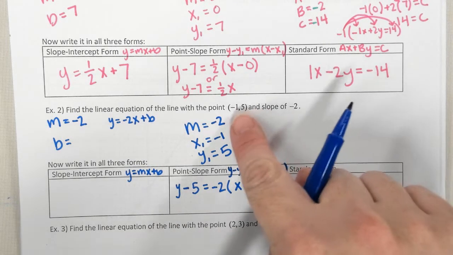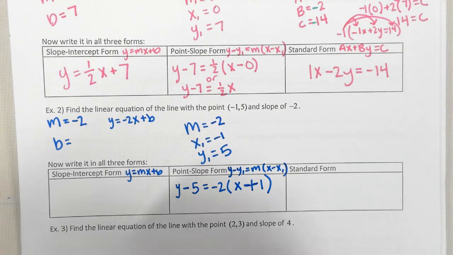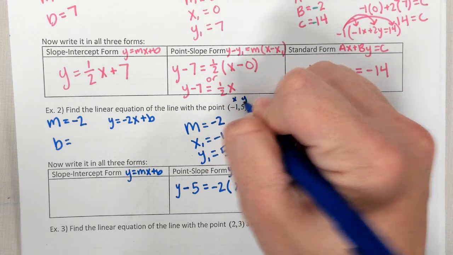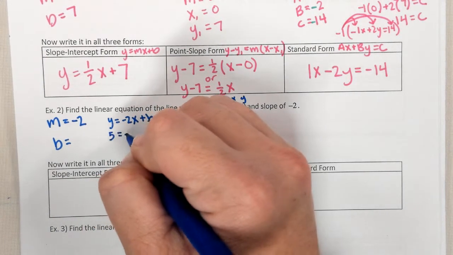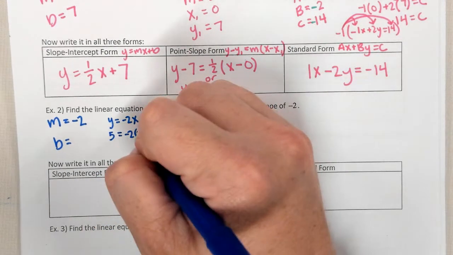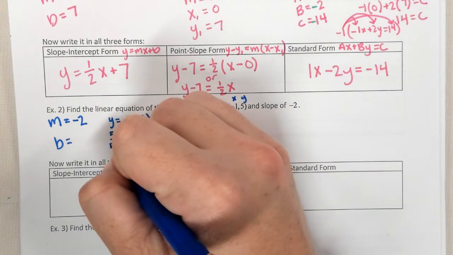However, could I plug in this random point and solve for my y-intercept? Yeah. So I know that this is x and this is y. So instead of y, I'm going to put 5 equals negative 2 times x, which is negative 1, plus b. And what's negative 2 times negative 1?